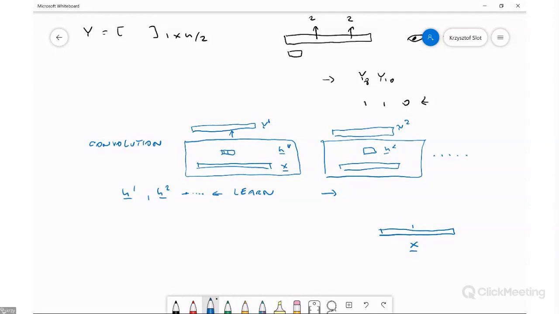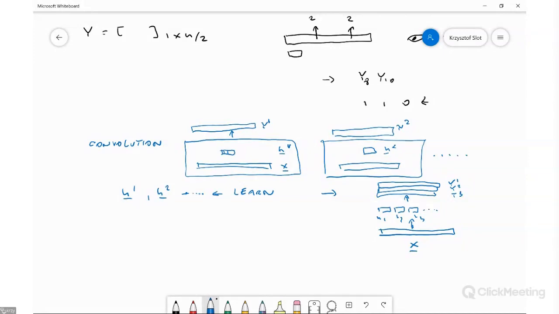So I will have a kind of a set of filters, and I will be converting this input into a set of output vectors. So these will be vectors that are results of analysis performed with different filters, H1, H2, H3, and so forth. So right now, this is an architecture that I'm considering.